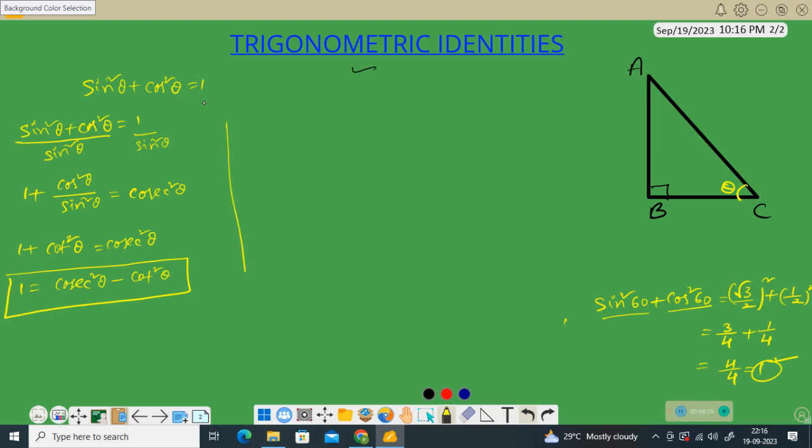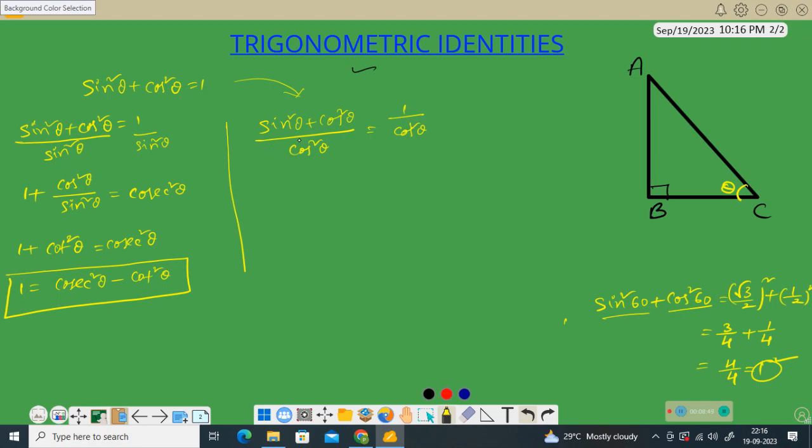Now from the first identity, here we divided with sin squared theta. So here I am dividing with cos squared theta, means what do we get? Sin squared theta plus cos squared theta, total divided by cos squared theta, is equal to 1 by cos squared theta.